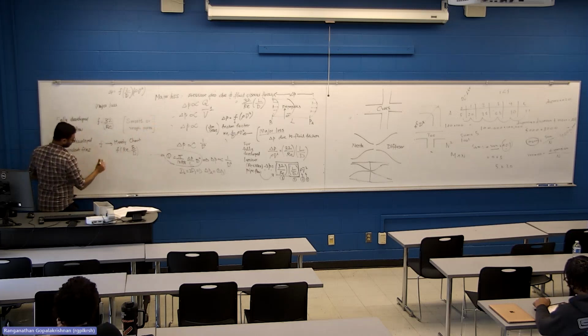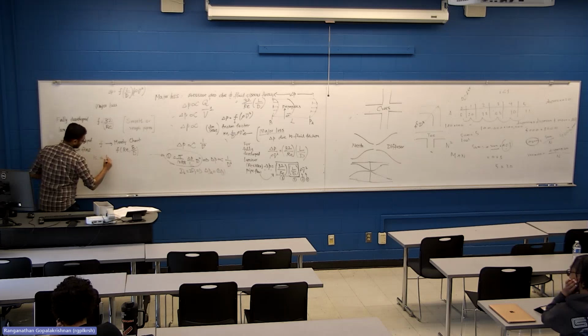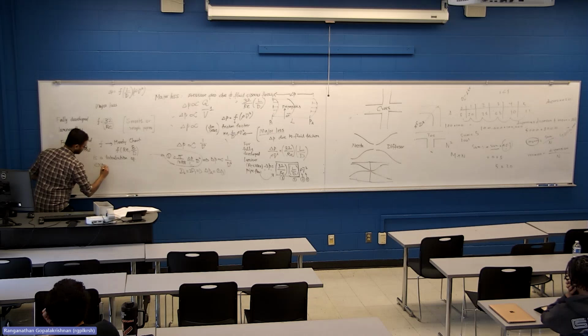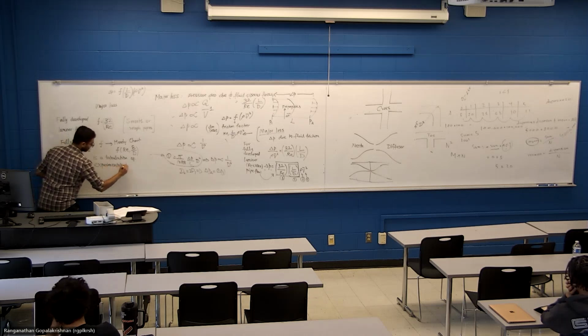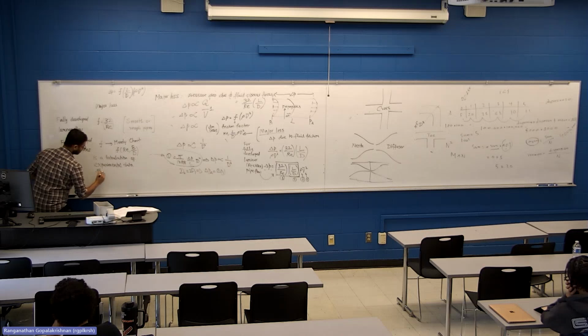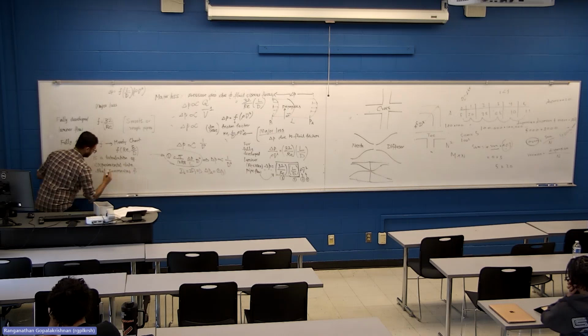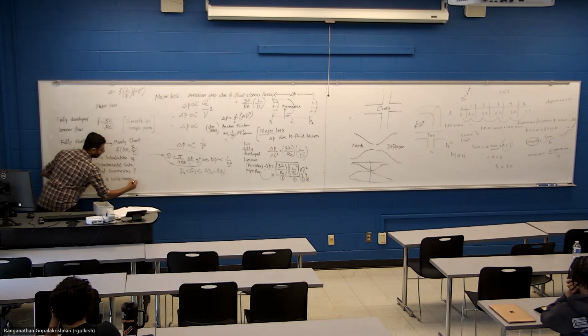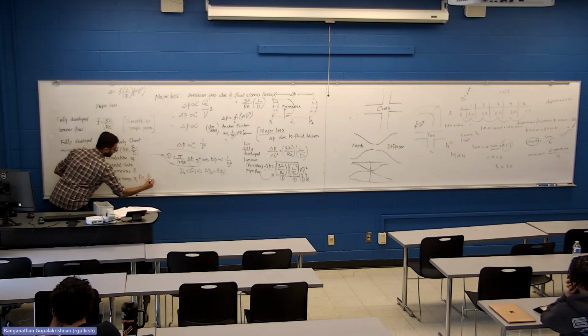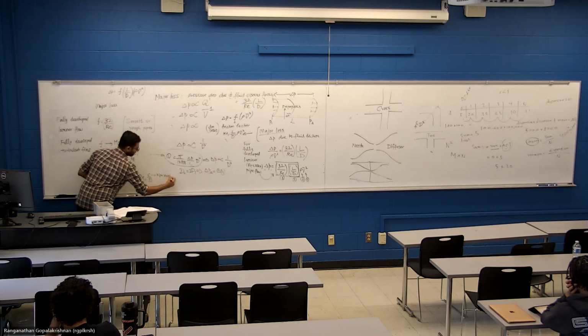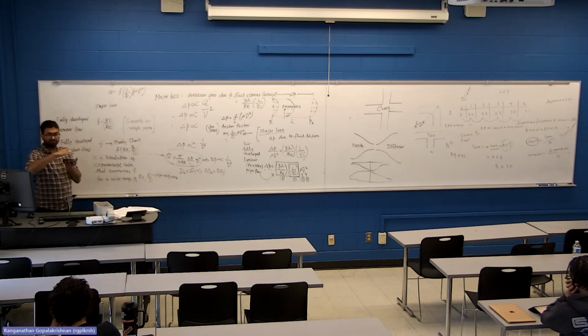Whereas this Moody chart, which I'm going to bring up here, is a tabulation of experimental data that summarizes F for a wide range of Reynolds number and epsilon over D, where epsilon is nothing but pipe roughness, meaning the surface features on a pipe.